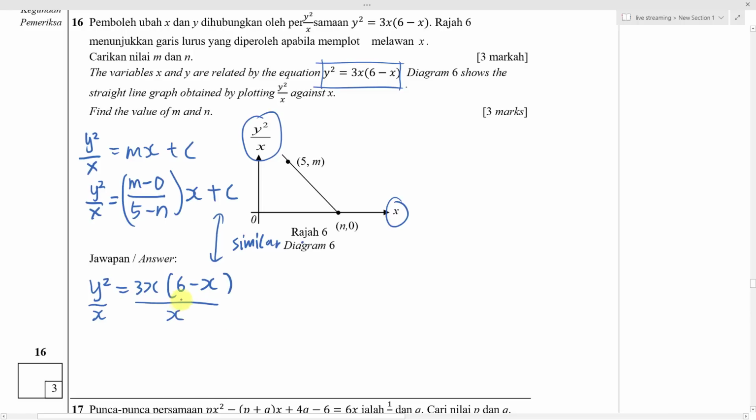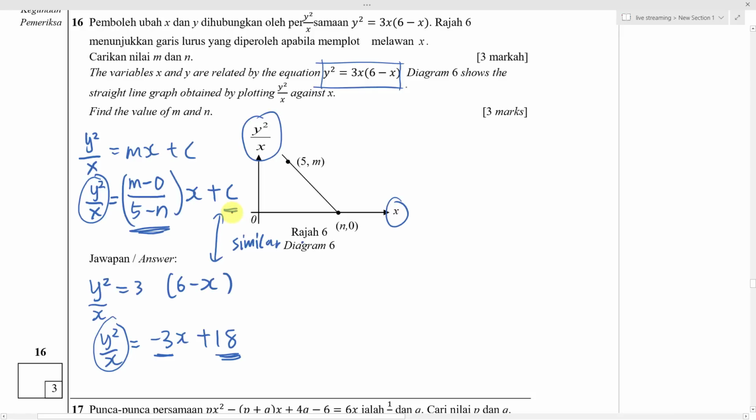If I divide x over here, x and x I cut, so I only left like this. Then I will just multiply in. It equals 18 minus 3x, so I will write minus 3x plus 18. Then over here, you can see this one equals this one. Negative 3 is the gradient and my c will be 18.